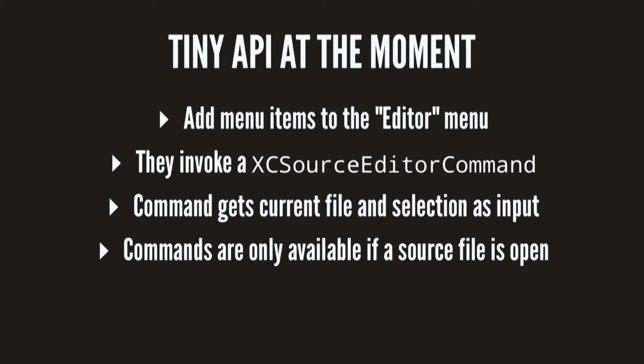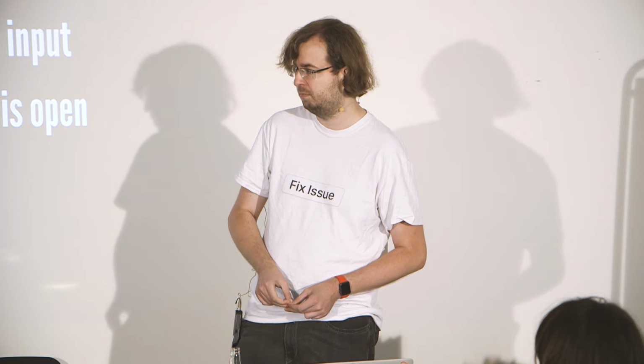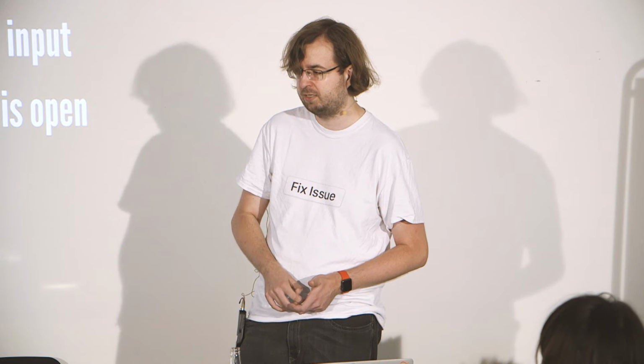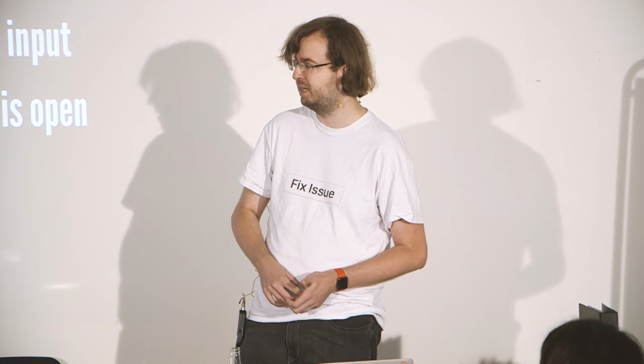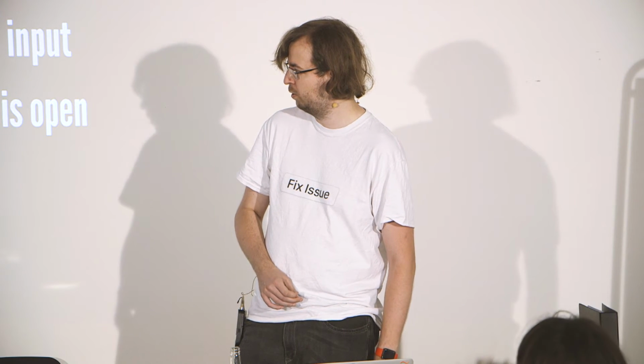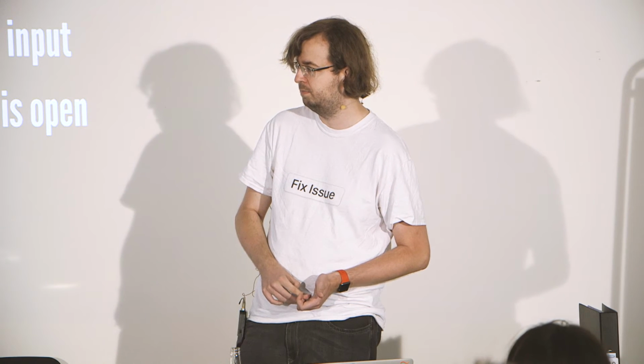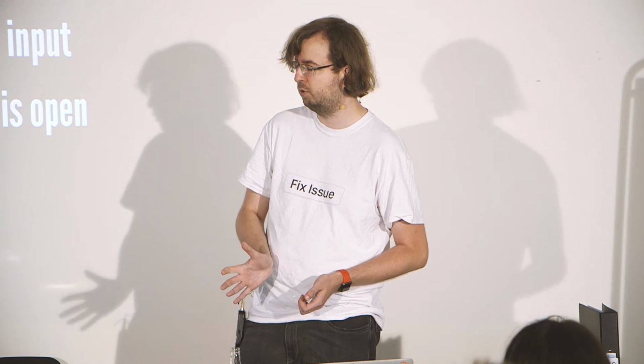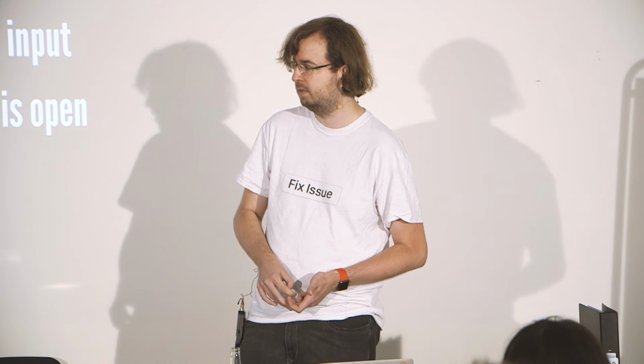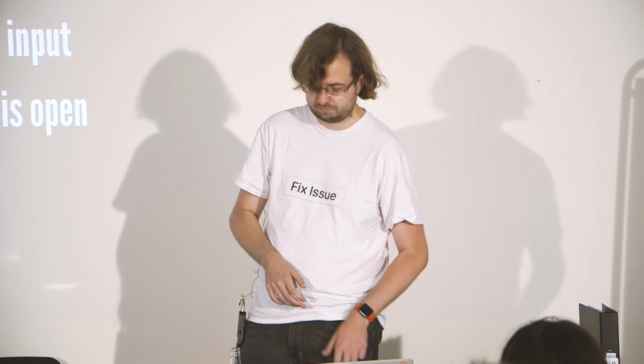And the command gets the current file, so the contents of the current file, and information about the selection as input, nothing else. It doesn't know about the project or anything else. And the commands are only available if a source file is currently open. So if you have a different kind of file open or no file, the command's actually not available.